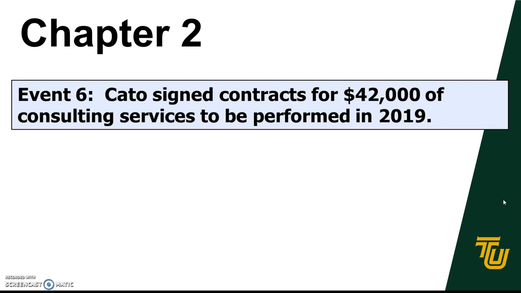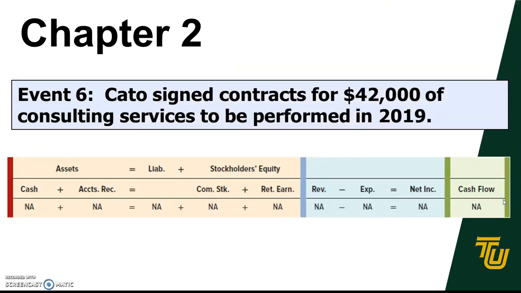In this example, we don't have a signing bonus. We just have contracts that we're going to do some work in 2019. Maybe it's in January, maybe it's in December. When it's actually going to happen is irrelevant because we're working in 2018. So we're going to perform some work next year, but for right now, there's nothing to record in our framework.